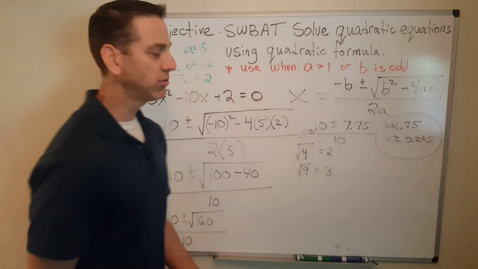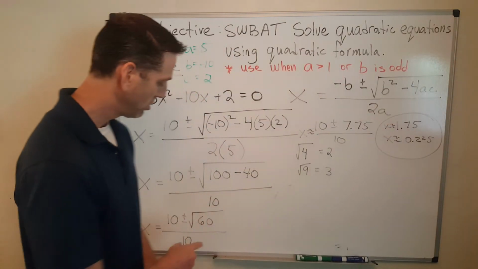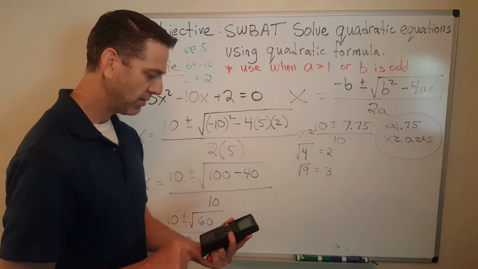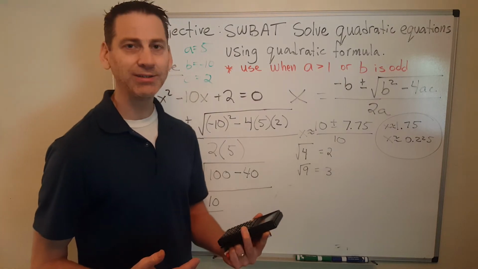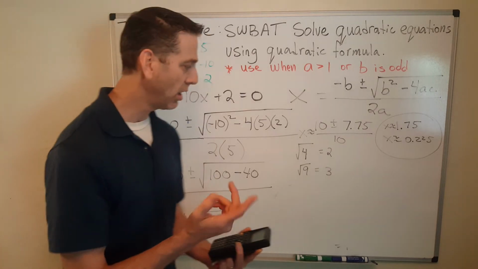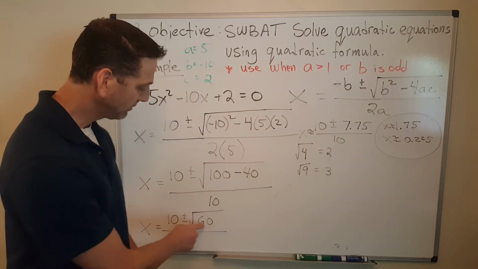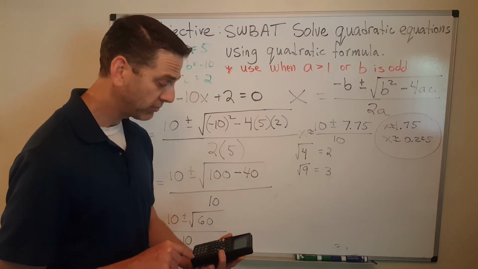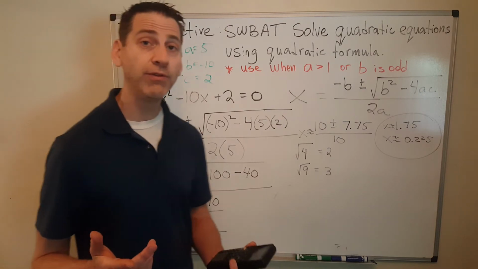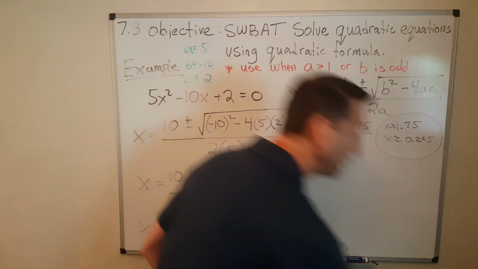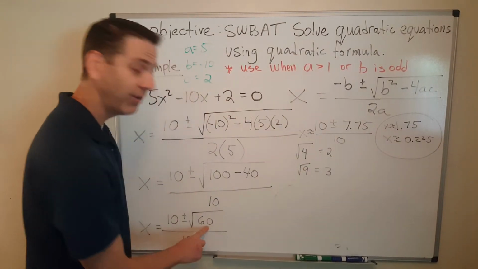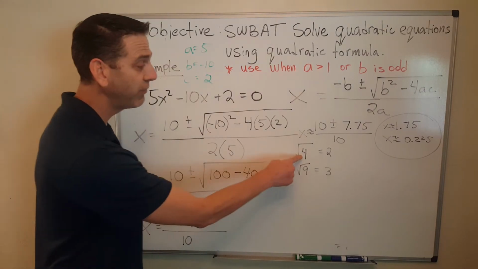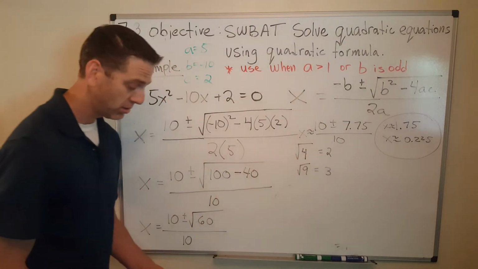Let's try 9. Let's see if 9 will work. 60 divided by 9 comes out to 6.666666. That doesn't work. Let's try 60 divided by 4, because 4 is a perfect square. Ooh, and I get 15. So in other words, 4 times 15 is 60. And I like that because 4 is a perfect square.